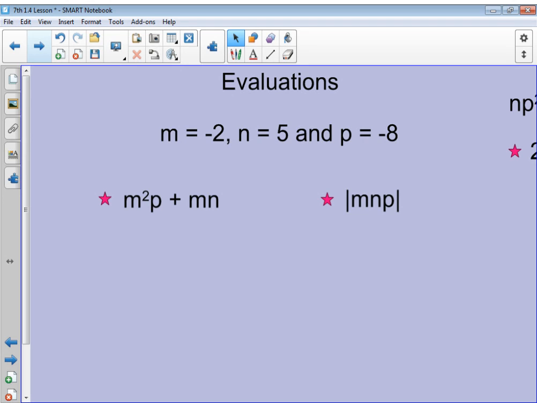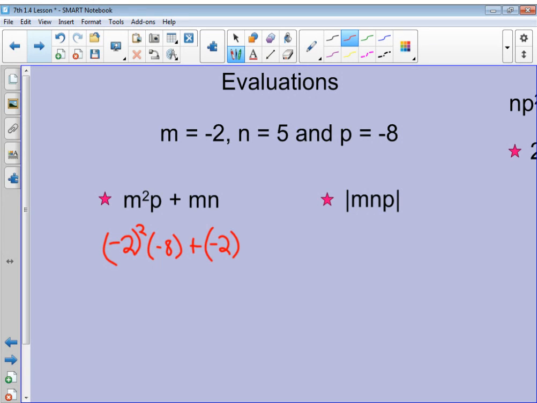Okay, so here's the work. So negative 2 squared times p was negative 8 plus m was negative 2 times n is 5.